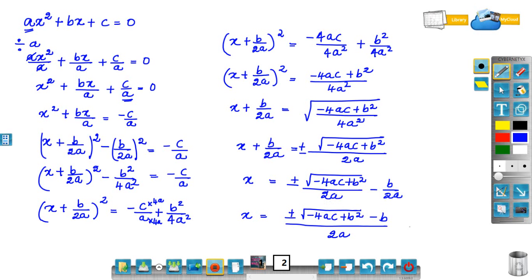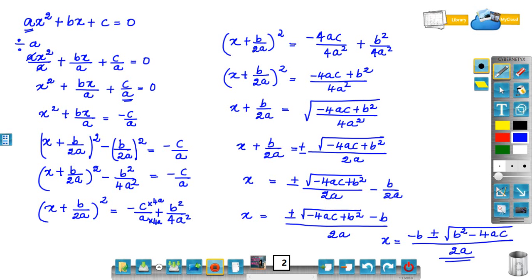I will rearrange this formula like this: x is equal to, I will write minus b in the beginning, minus b, then plus or minus square root of b square minus 4ac by 2a.